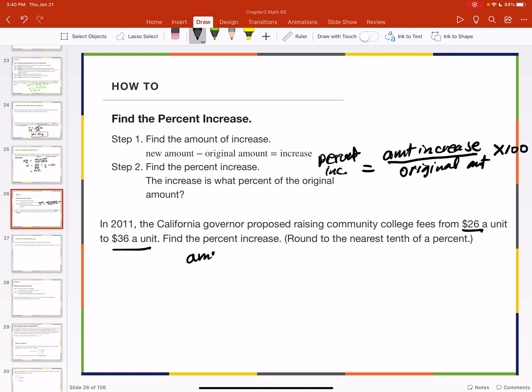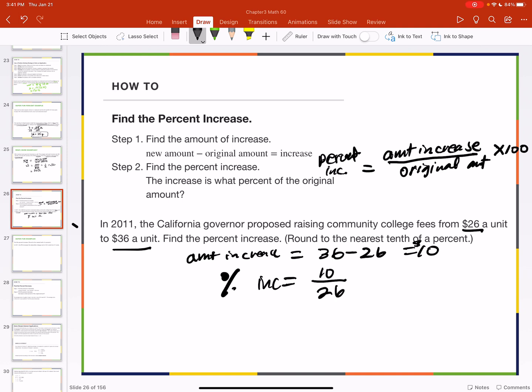So the amount that it increased was the new amount, which is 36, minus the original, which is 26. So it increased $10, yeah? But what's that percent increase? That's going to be $10 over the original, which is 26. And then we're going to multiply by 100 to convert it to a percentage, okay?